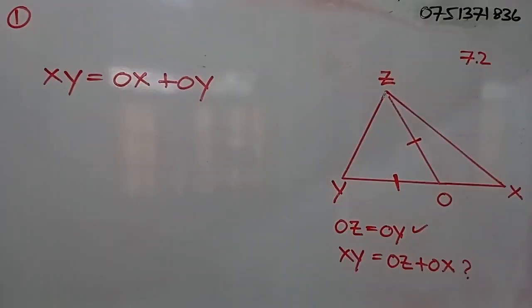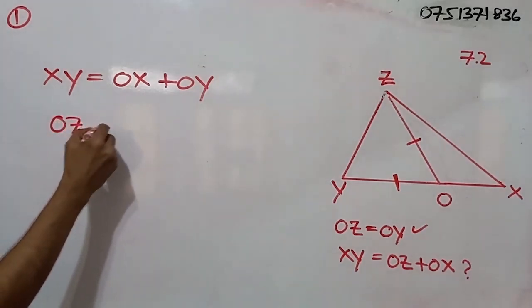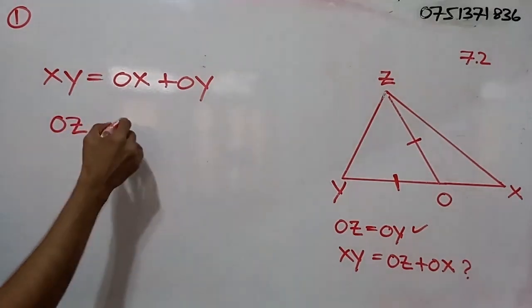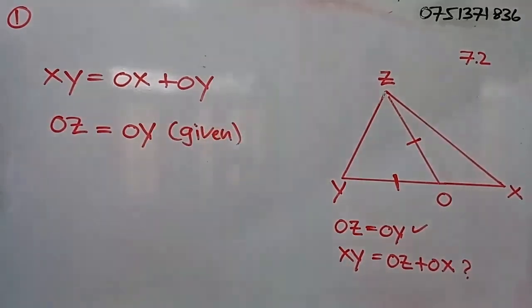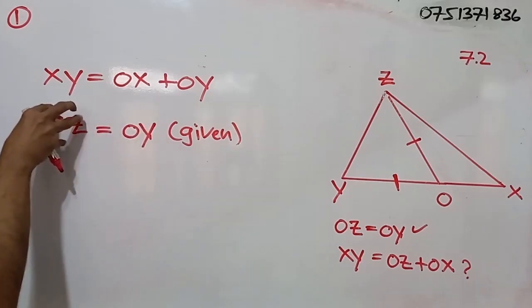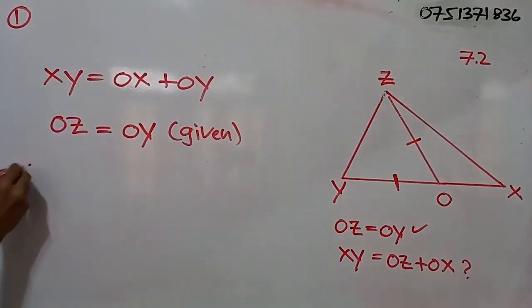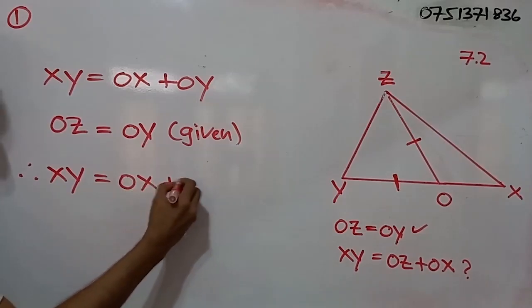That is clearly visible to us now. Okay, now OZ is equal to what? OZ is equal to OY. That is given. That means what? Instead of this value, we can use this value. Therefore, XY is equal to what? OX plus OZ.